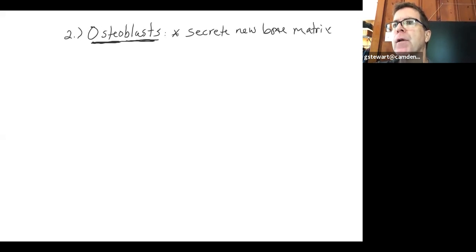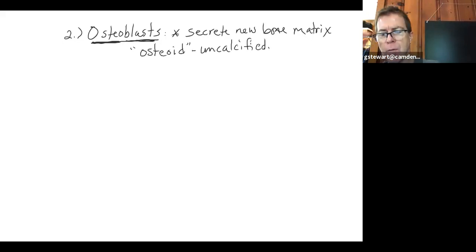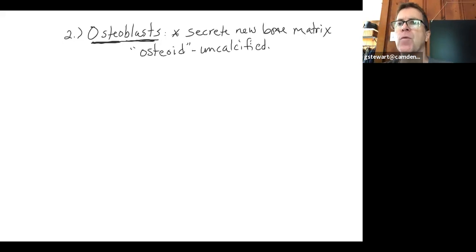We know now that bone is a connective tissue, and they secrete new bone matrix, but that matrix is called osteoid. Osteoid is uncalcified. It might take you a little while to understand how new bone is formed. I'm going to go over it in detail more than once.